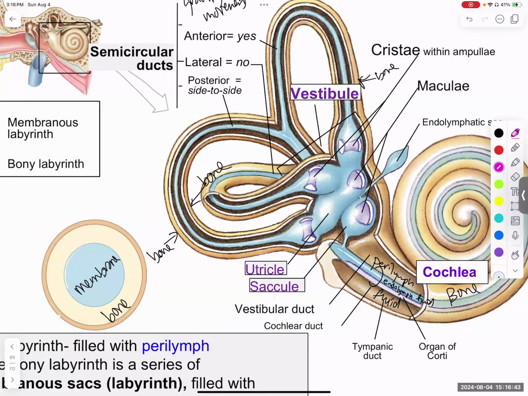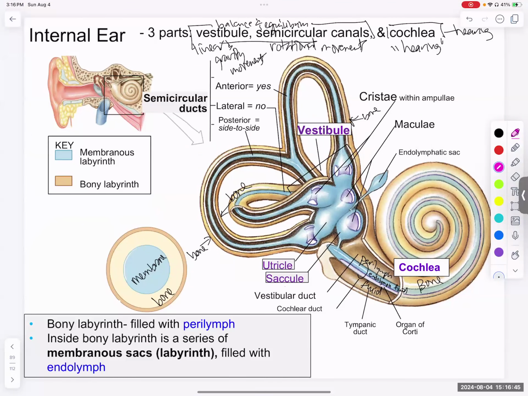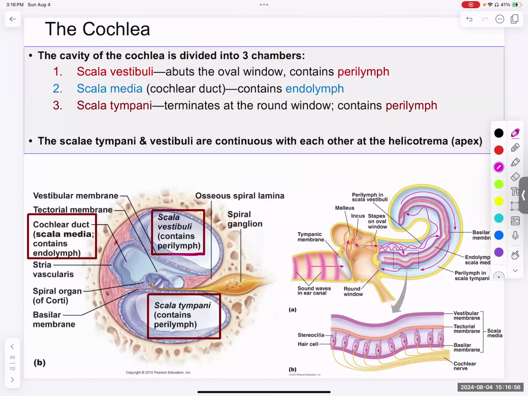So when I'm talking about perilymph fluid, that vibratory energy is going to actually create a wave of perilymph fluid in the cochlea. And so that perilymph fluid is here in the scala vestibuli. It's the upper part. And also perilymph fluid in the scala tympani.